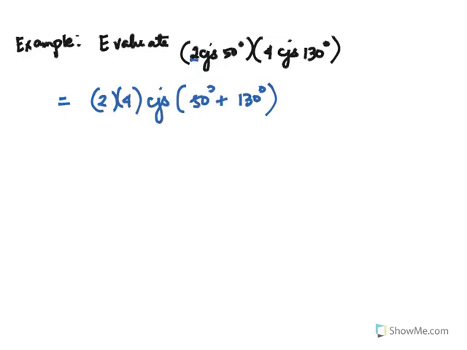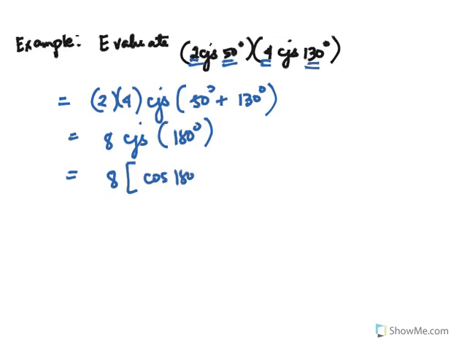So multiply the moduli and then just add the arguments. So this is 8 CJS 180 degrees. Now, since we want this to be in rectangular form, halimbawa, yung final answer natin, ang gagawin natin, expand natin to as 8 cosine 180 plus j sine 180.